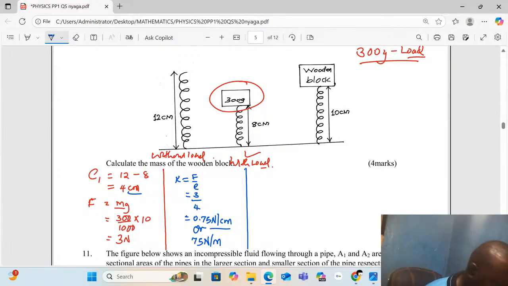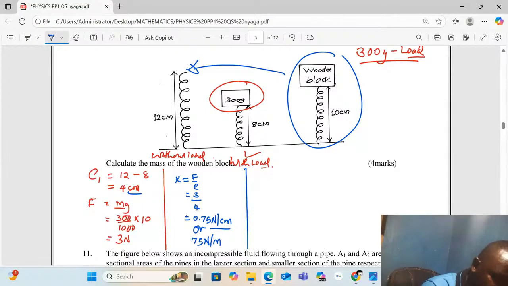Then from here, you look at case 2, where we shall be having this and this. So our extension 2 becomes 12 centimeters minus 10 centimeters. This gives us 2 centimeters, which is equivalent to 0.02 meters.